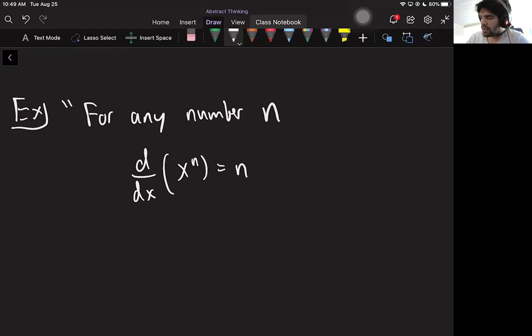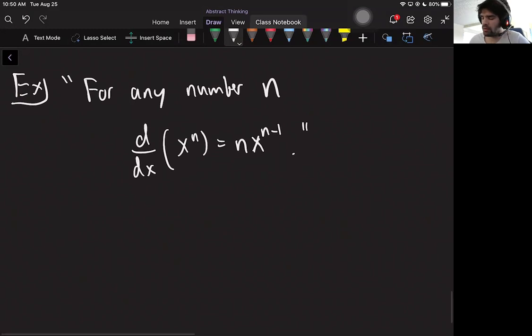You bring down the n, and then you subtract 1 from the power, I believe. Okay, so here's a statement. Now, this you've seen before, so you probably know it's true. The derivative of x to the n is, in fact, n times x to the n minus 1, and it does work for any number you put up there. So that's why it's true.